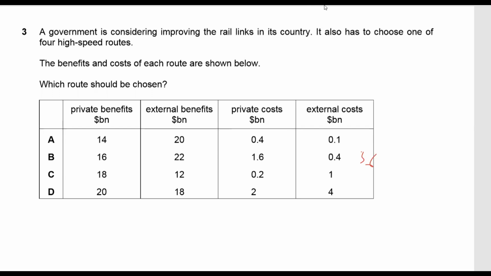In this case, we can find out social benefits and social cost. When social benefits are greater than social cost, it shows the project is feasible to do. The examiner is asking which route should be chosen, so we will find the difference between social benefits and social cost, and the route which gives maximum net benefits is the one we will consider.